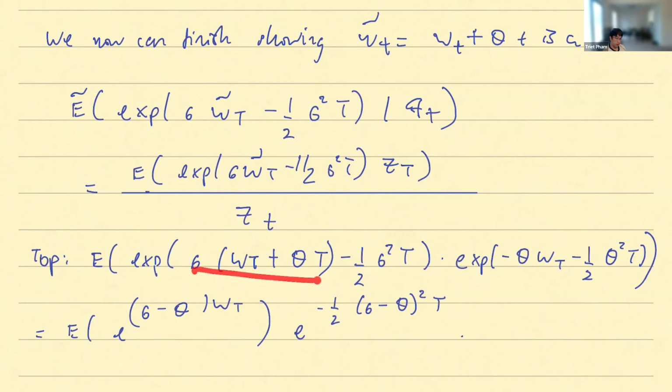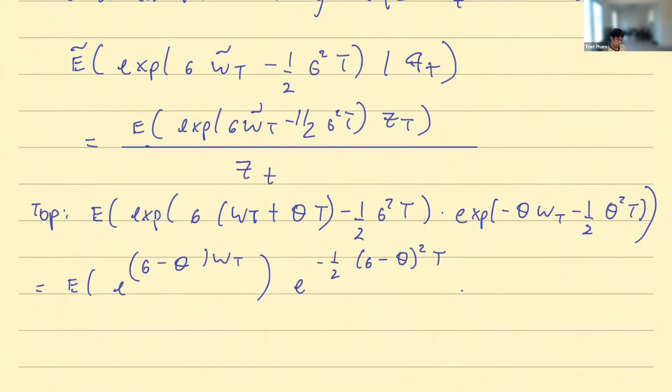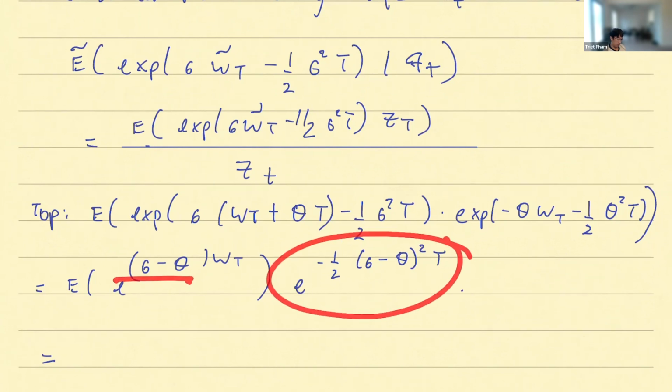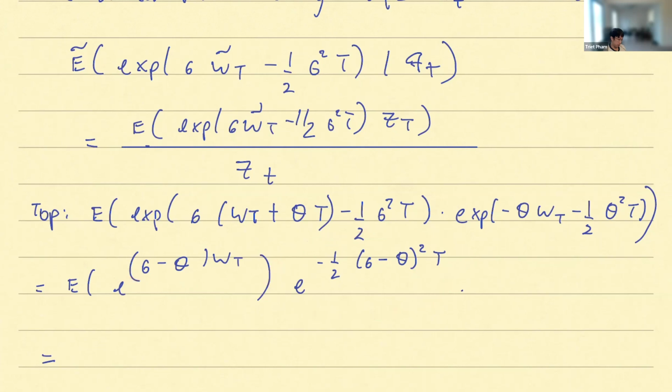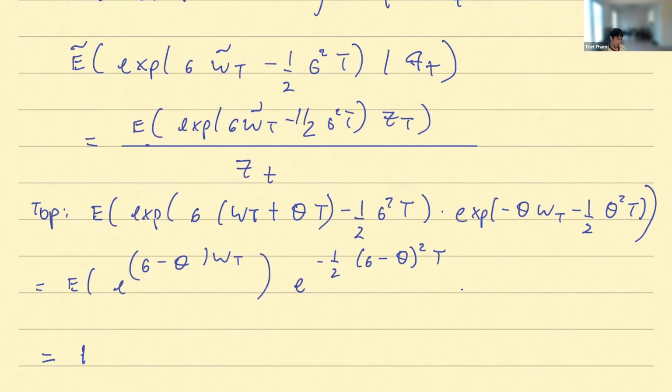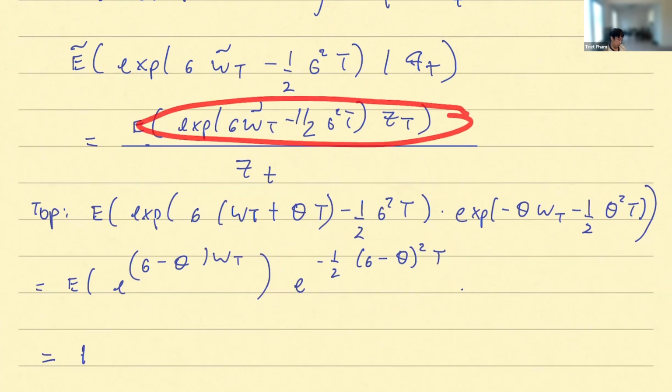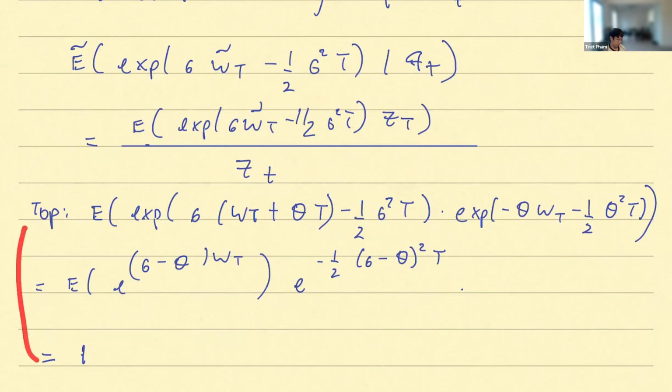Because if you factor out a minus 1/2, you get a 2 sigma times theta. Then what is this? It turns out that this is exactly this expectation. So the top is going to be 1. This expression is just 1 by this calculation.